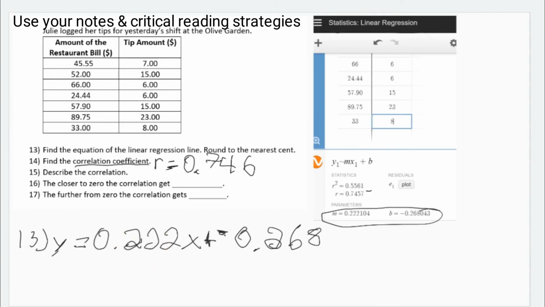And then it says describe the correlation. So it's going to be moderately strong. Remember with this, you want to look back at your notes for this. Okay, so remember the chart that we drew, the number line. So it's moderately strong.